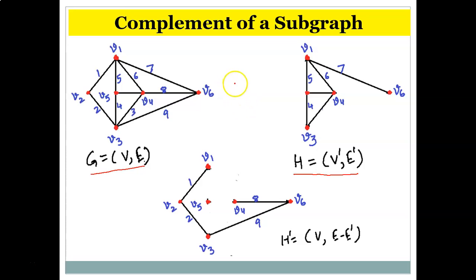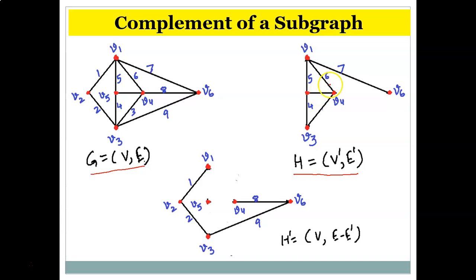Now we want to find the complement of this subgraph H. How to find it? In fact, all the edges which are there in this subgraph H should be deleted from the original graph, and whatever we are left with, this type of subgraph you can see.